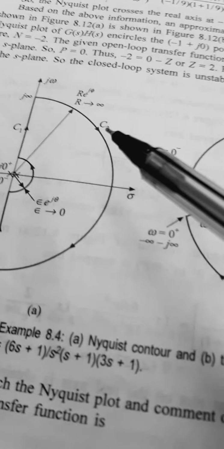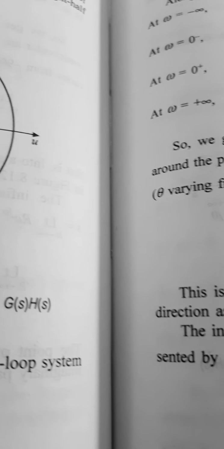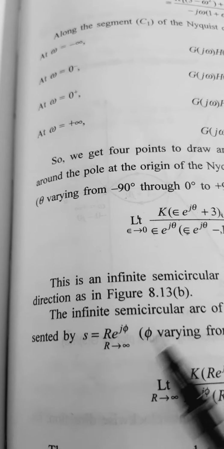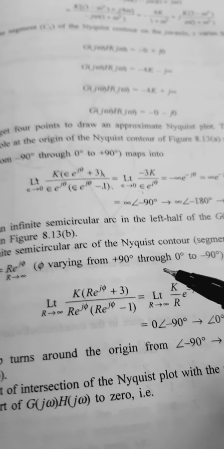Then now you have to see the effect of C2, how it is C2. For that, you have to substitute S is equal to R into e to the power of j phi, R tending to infinity, phi varies from plus 90 to minus 90. These two variations you should very carefully understand.